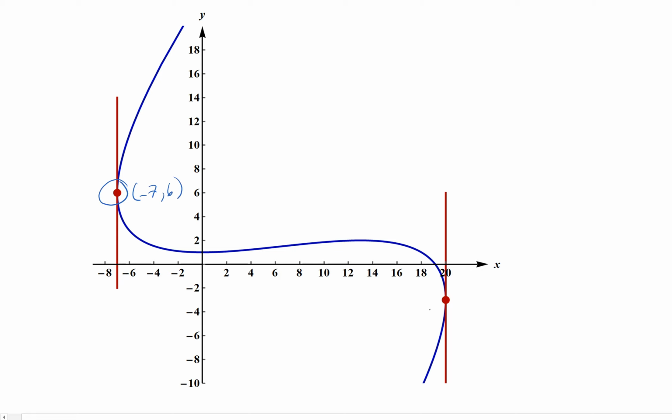And this ordered pair right over there is the ordered pair (20, -3). And those are both the result of plugging in t into the corresponding parametric equations that define the curve that we see in this plane curve.